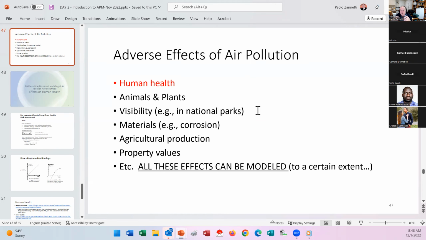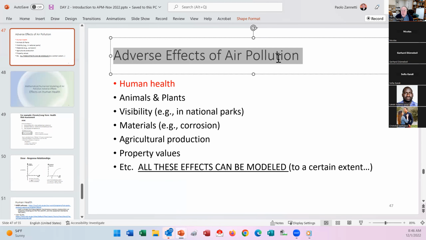And then when you consider the adverse effects of air pollution, you have another set of larger uncertainties. So the uncertainties are accumulating with all your simulations. The further ahead you go, the more careful you have to be about your results. But yes, there are formulas and models that can be used to simulate and quantify virtually any adverse effect of air pollution.